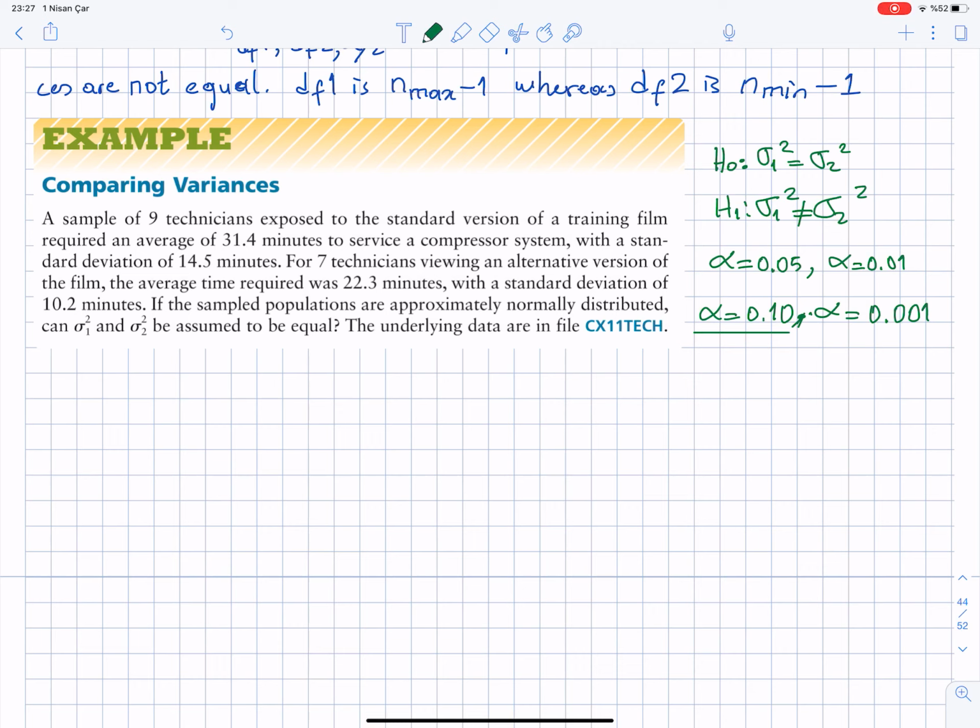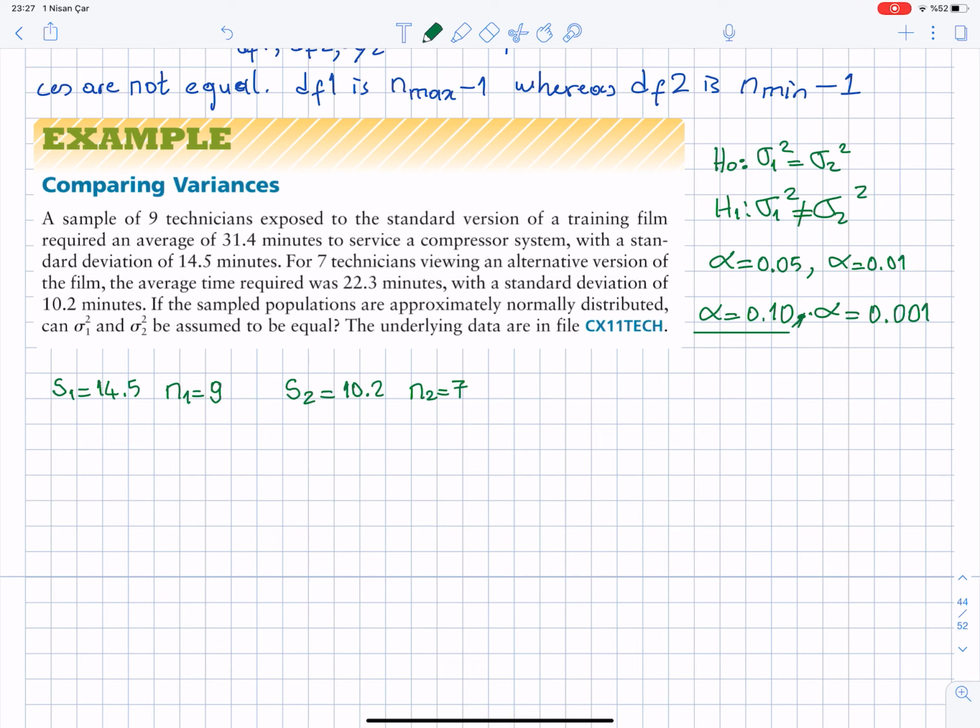Let's write the givens for the test statistic. S1, the standard deviation for the first sample, equals 14.5. This is not the variance, this is the standard deviation. N1 is 9 technicians. S2, the standard deviation for the second, is given as 10.2, and N2 is 7.